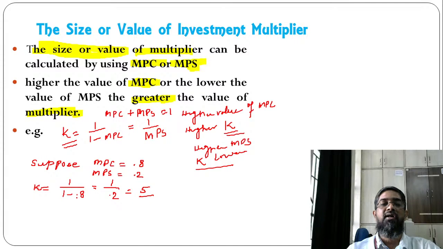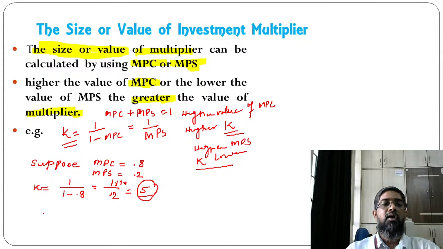Either you use MPC or directly put 0.2, that is MPS, the value will be 5. How? Remove the decimal point, this is 10, so 5 times 2 is 10, value will be equal to 5. Yes? Fantastic.